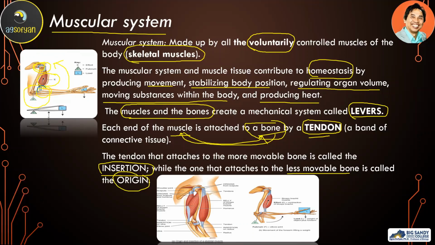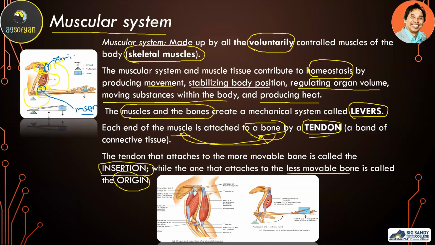So this tendon over here is called the insertion, because it is attached to the movable bone. The other tendon, this one, is attached to the less movable bone. Therefore, this tendon is called the origin.